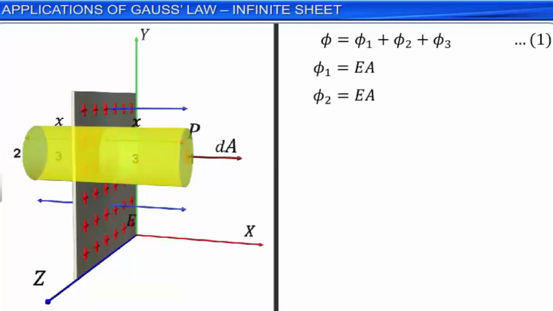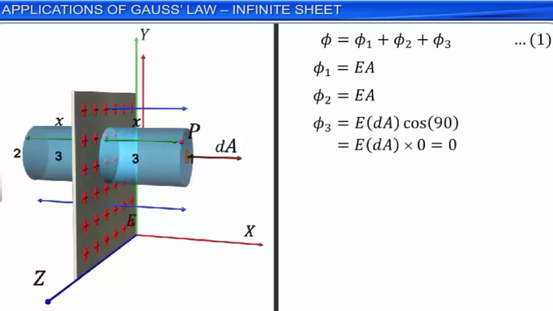Now consider surface 3, which is the curved surface of the Gaussian cylinder. At every point on the Gaussian cylinder, the electric field strength E and the outward normal to the surface, which represents the area vector, are perpendicular to each other. As the angle between the area vector and the direction of the electric field is 90 degrees, and as cos 90 degrees is 0, we have the flux phi3 is equal to E dA cos 90, which is equal to 0.